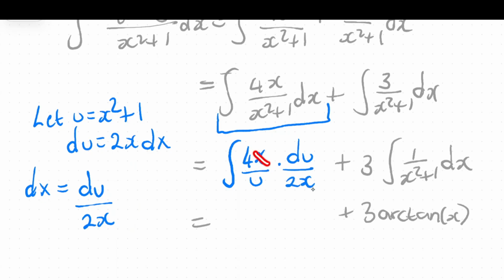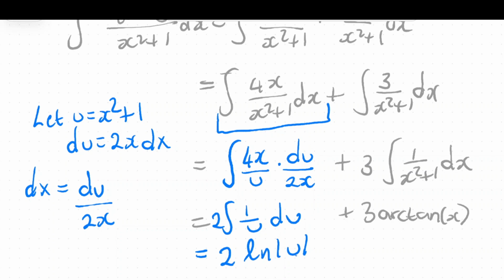These two cancel each other out. So you're just going to get 4 over 2, which is 2. And we can take out the 2 so that we can say 2, 1 over u du. So let's do that. I'm going to say the integral of 2, 1 over u du. And so we know that that's just going to be 2 ln of u.